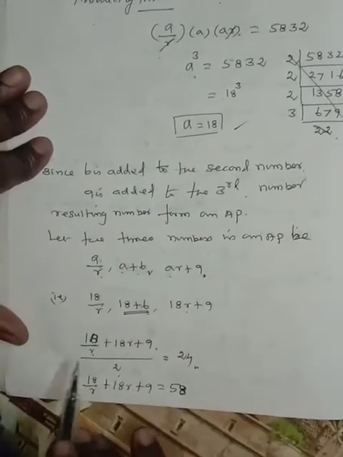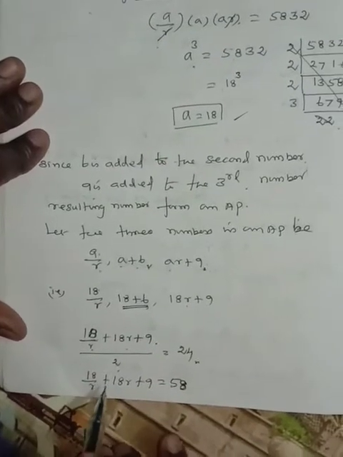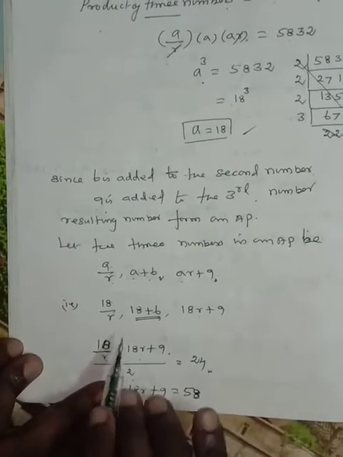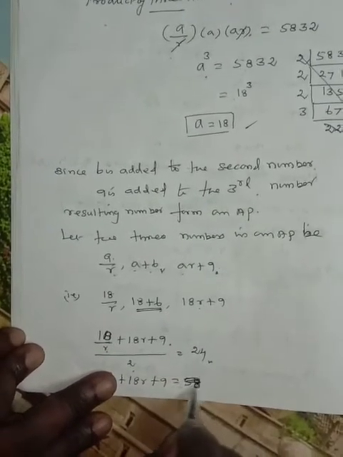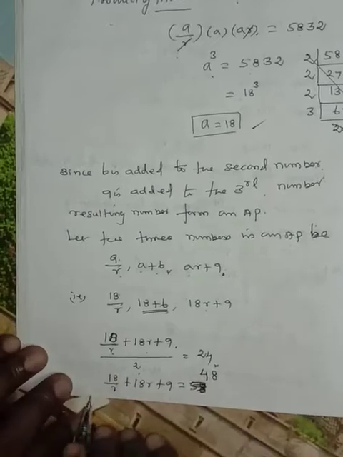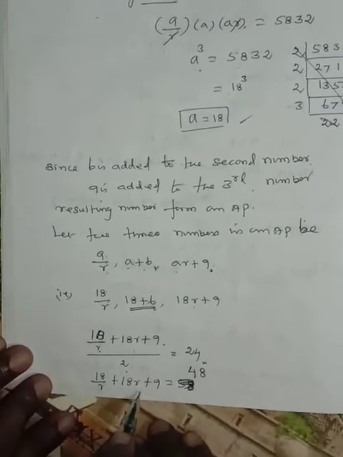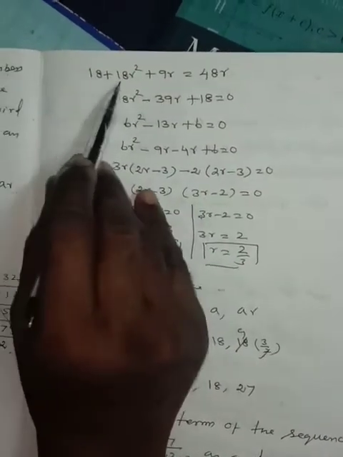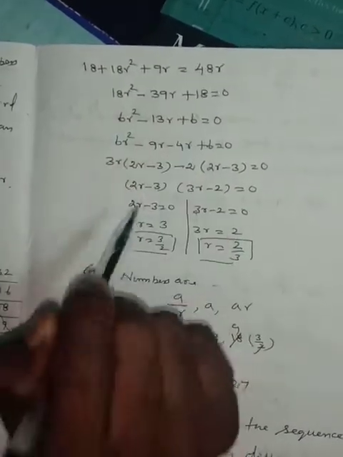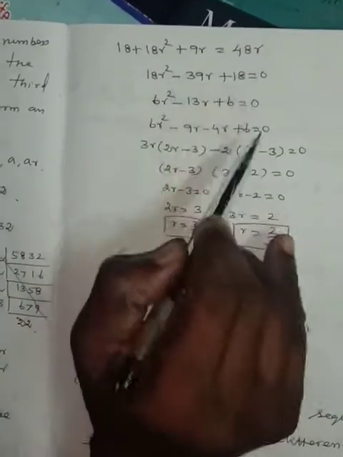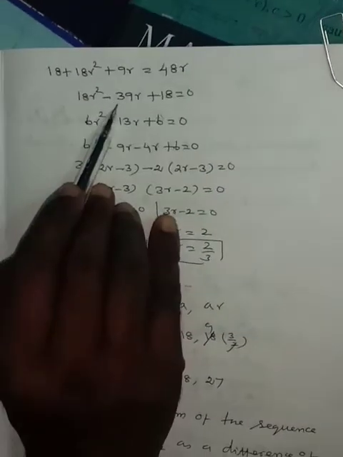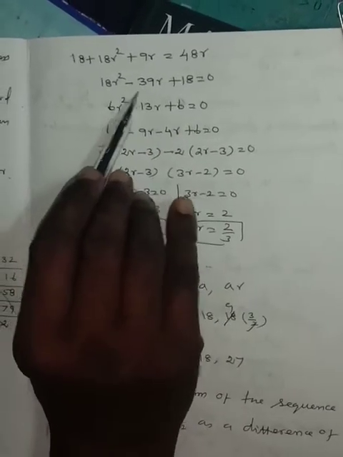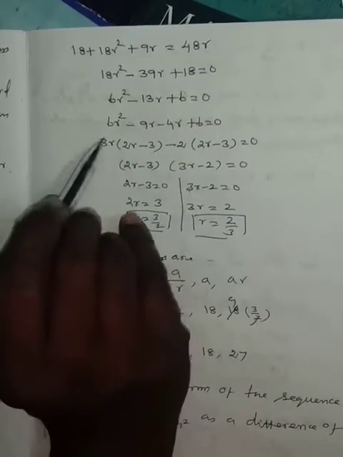Next, cross multiplying we get 48. So 18 by r plus 18r plus 9 is equal to 48. Multiplying by r, we get 18 plus 18r square plus 9r is equal to 48r. 18r square plus 9 minus 48: 9 minus 48 is minus 39r plus 18 is equal to 0.